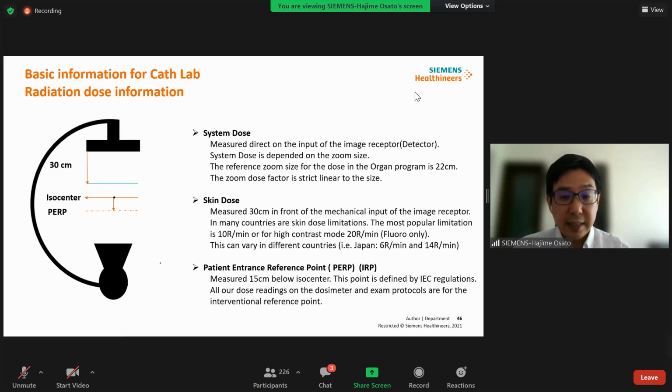The system measures radiation dose by dosimeter in real time, so the value on the dosimeter uses this point to calculate the dose value.